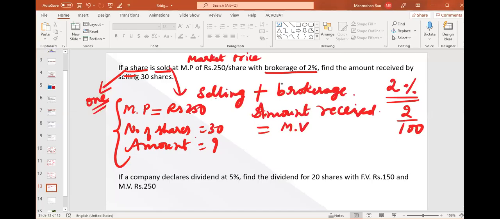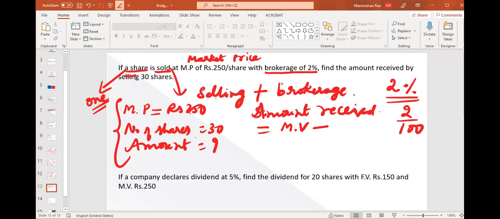You sell one share, you get 250 rupees. You sell two shares, then you get 500 rupees. You sell three, then you get 750 rupees. So whatever the market value is, that much amount you receive by selling.